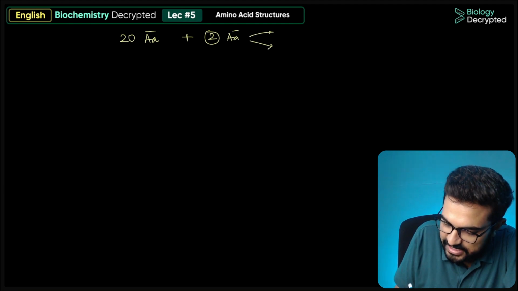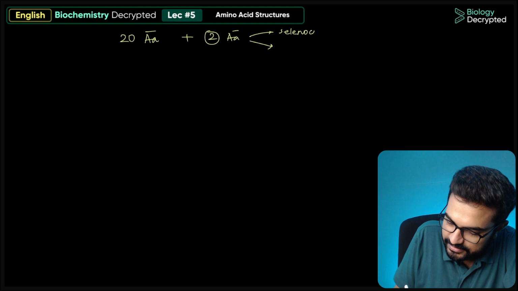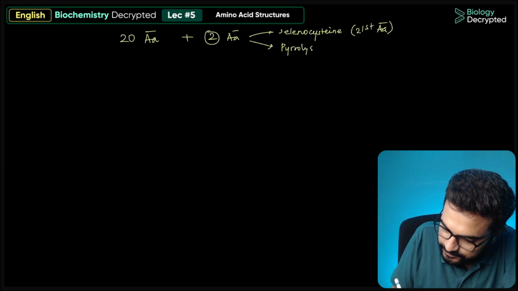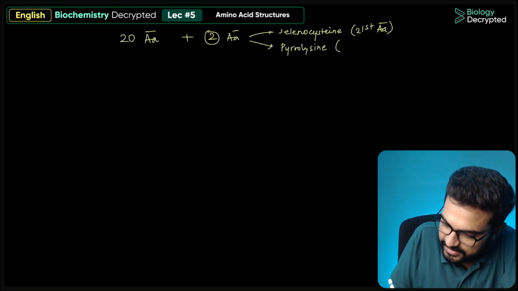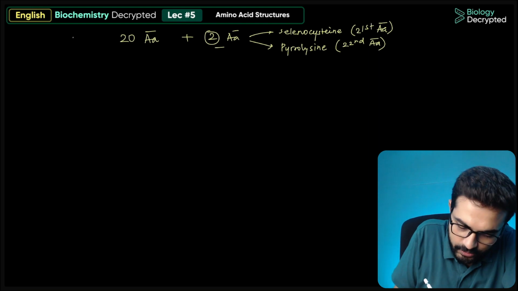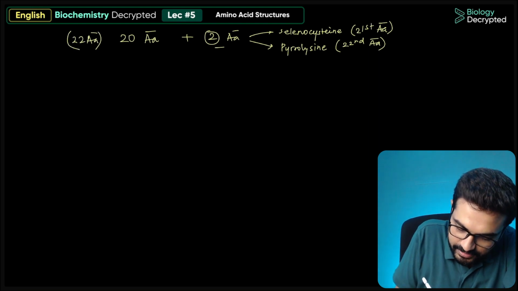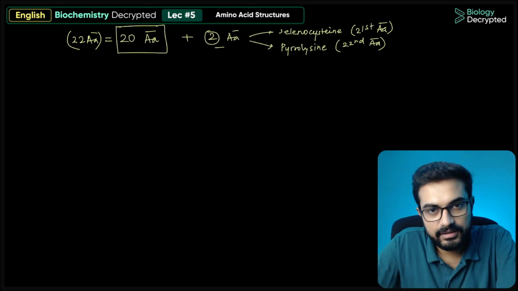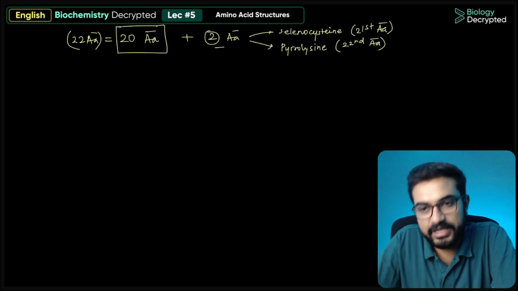These two amino acids are selenocysteine, which is your 21st amino acid, and pyrrolysine, which is your 22nd amino acid. Very important to note both these amino acids. So there are a total of 22 amino acids, out of which 20 are the standard ones, and these are the modified amino acids, that is selenocysteine and pyrrolysine.